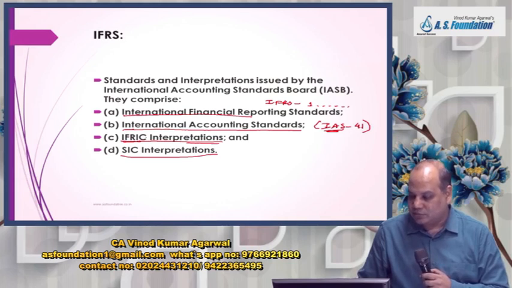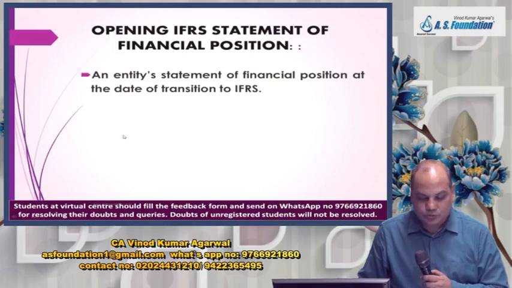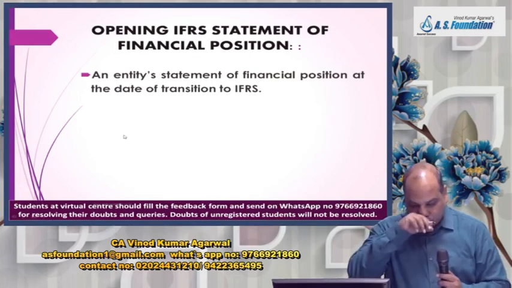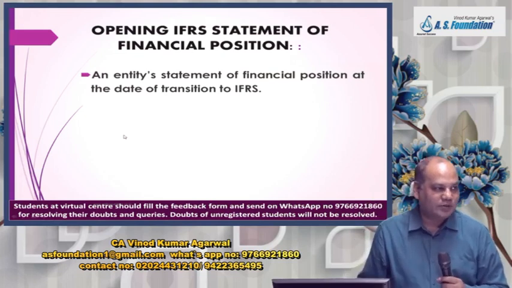Their interpretation is called IFRIC. So these four items together will be called IFRS. IAS is also IFRS. Okay.